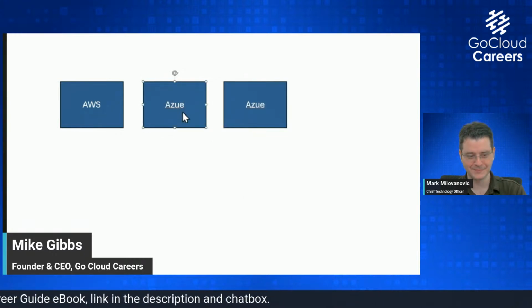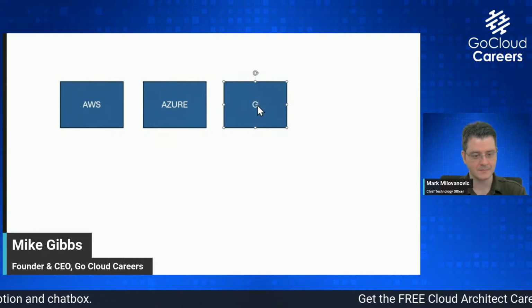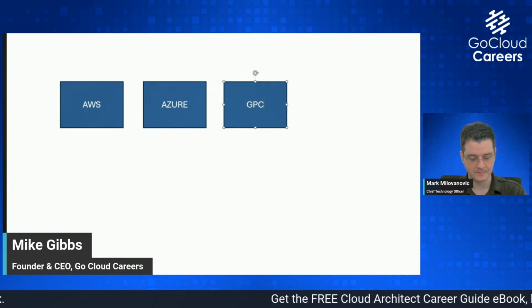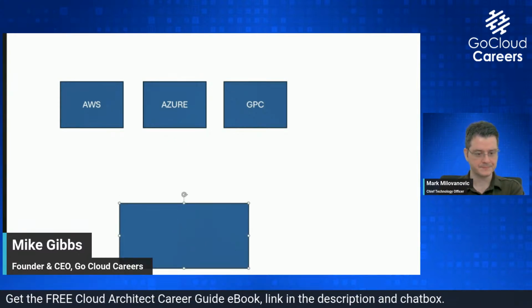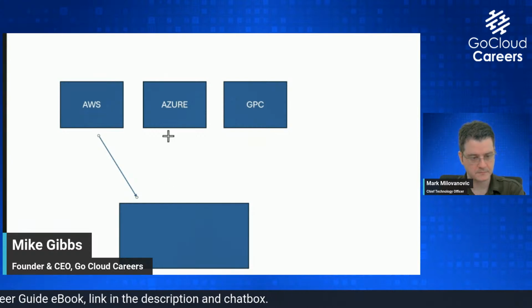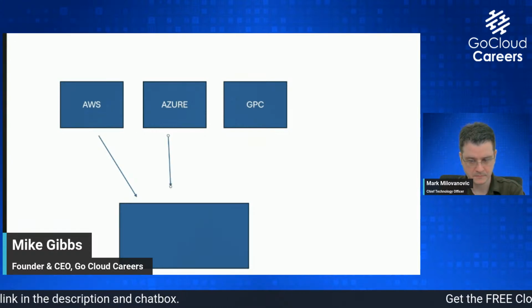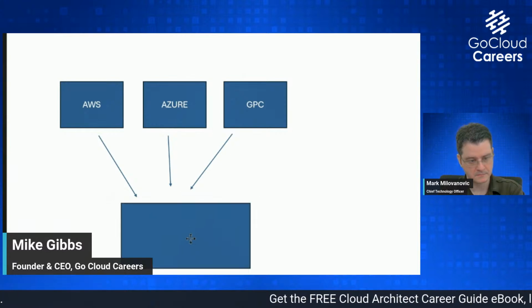Let's use all 3. All great clouds. Now we're going to send all these logs to a single system. We're going to aggregate these logs across our cloud providers and our data center providers. And now we're going to have everything in one place.